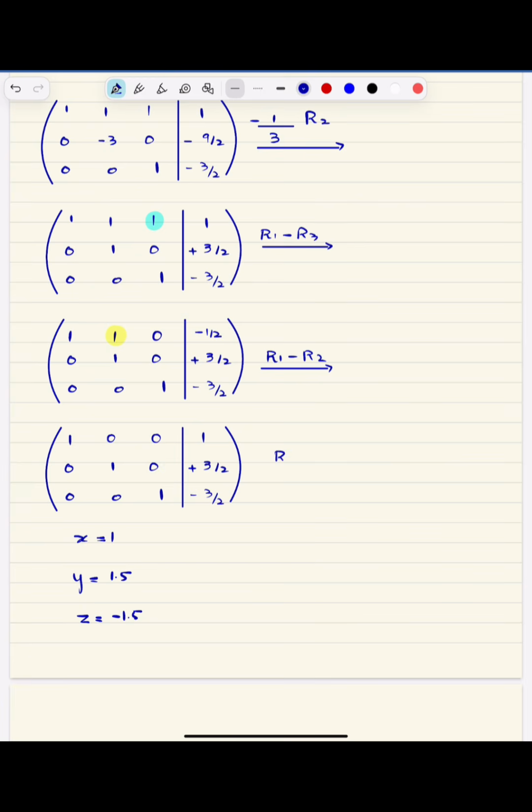So the benefit of converting into a row reduced echelon form is that you can see the answer immediately. The answer for x, the answer for y, and the answer for z.